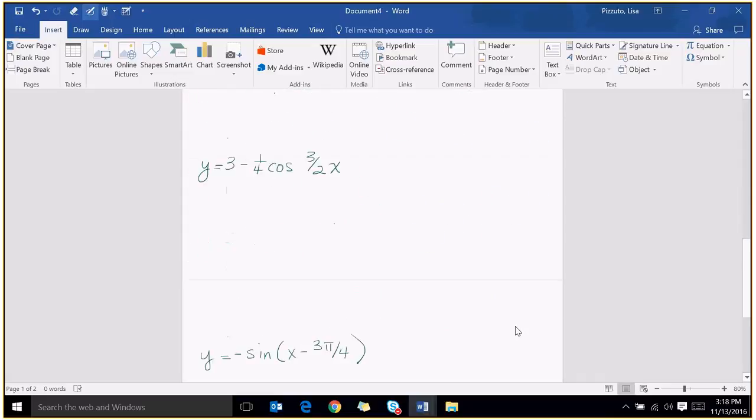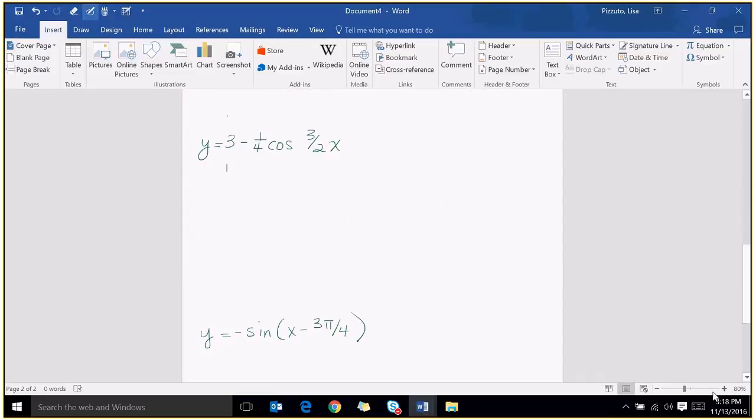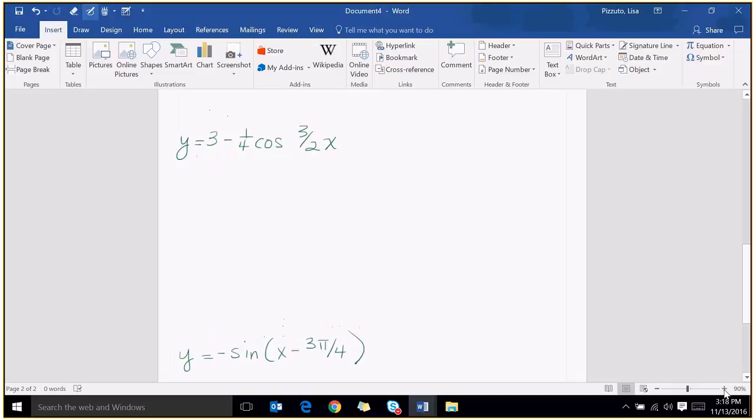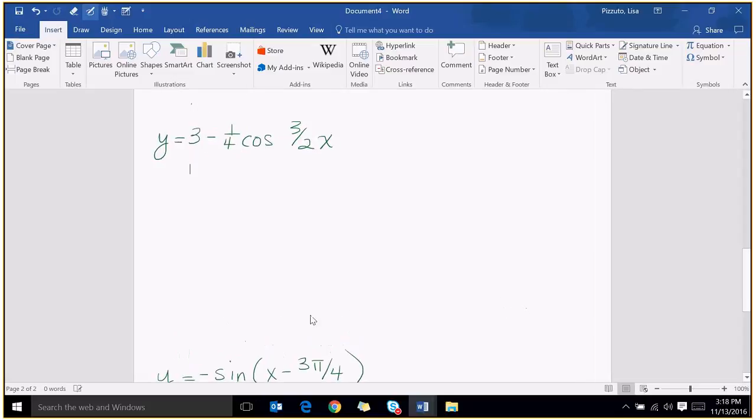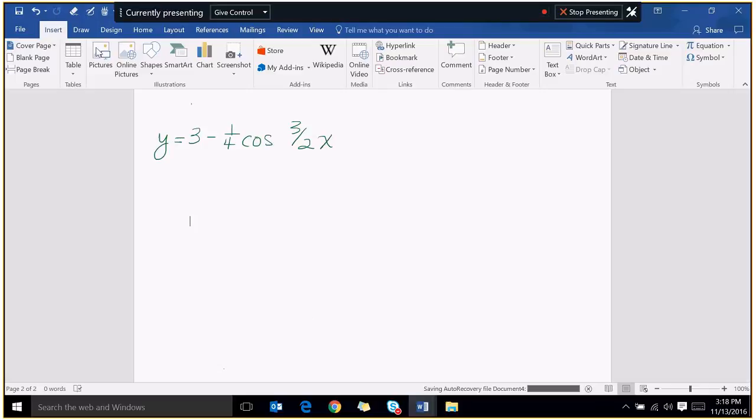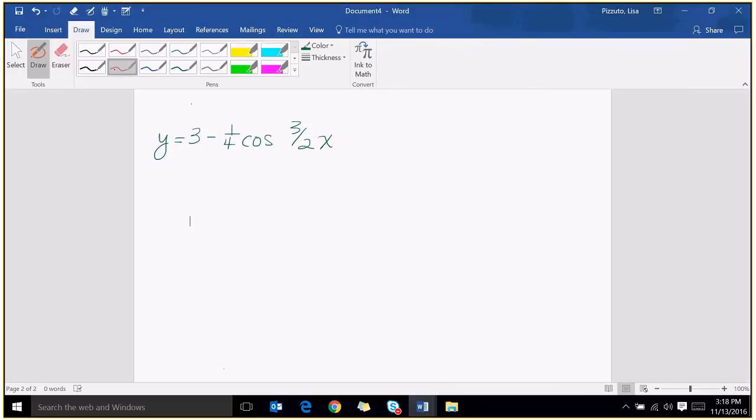All right. So on this next one, this is cosine. And one of the things that you'll notice about this particular problem is that this value right here, this is that k value, but it's on the other end.